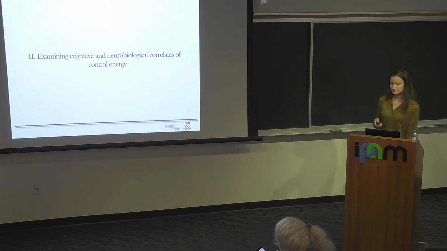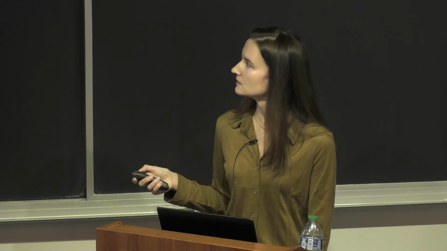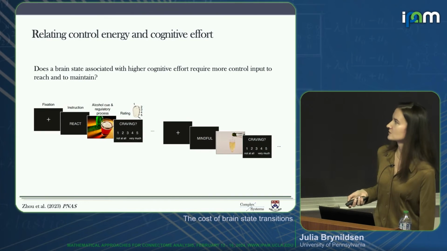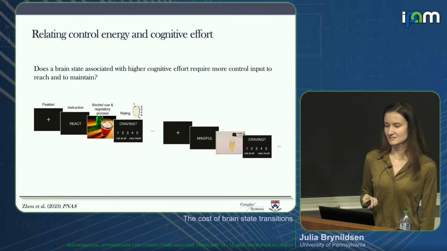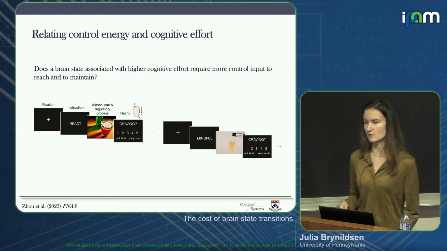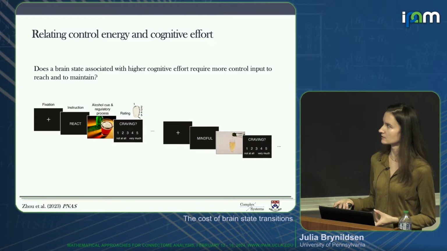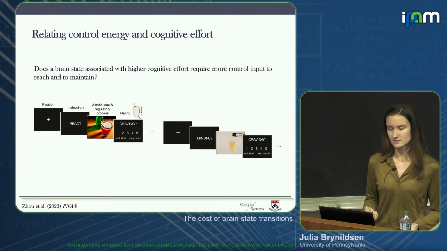Okay. So now I want to get into talking about some recent work from our lab that has started to examine the relationship between control energy and cognition and underlying neurobiology. So the first study that I'm going to talk about set out to test the hypothesis that cognitive states that require more effort to reach and maintain will be associated with greater control input.